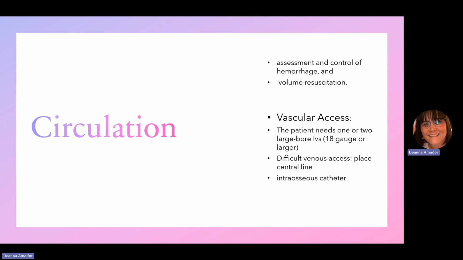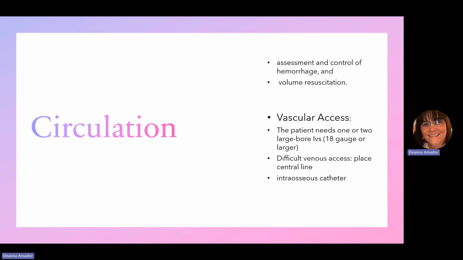So this is where if we do need to do CPR, we would be performing CPR. As far as the hemorrhaging, if the patient is hemorrhaging, this is where we are going to apply direct pressure. If there's any visible significant external bleeding, then we would definitely be providing direct pressure.